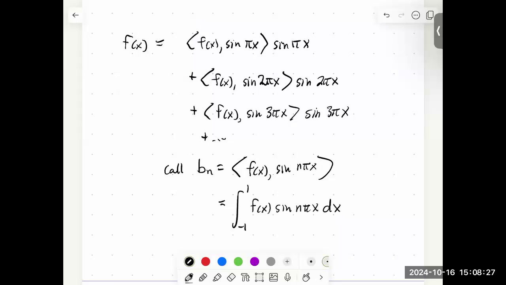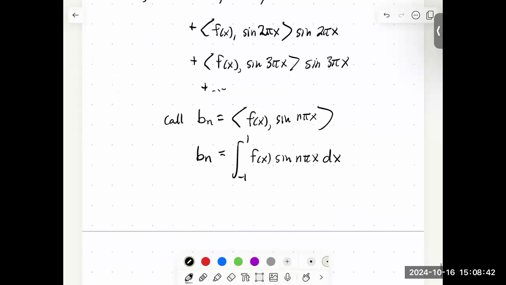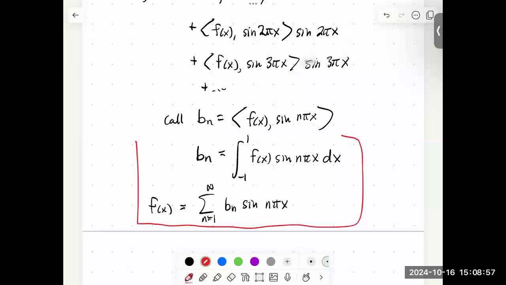This is the thing we just used to solve the first problem, right? So we just re-derived Fourier series using this analogy with linear algebra applied to our functions. So f of x in general is written as the sum of n equals 1 to infinity of bn sine of n pi x, where the bn's are given by these inner products.